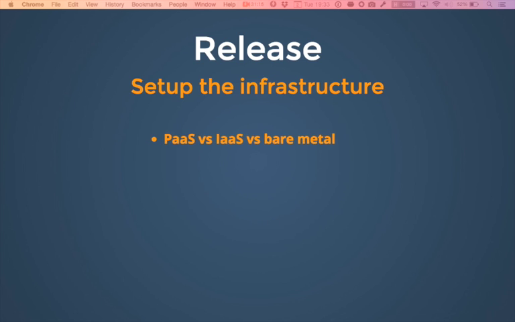And the most important terms here are PaaS versus IaaS versus bare metal. PaaS is platform as a service, and this is really Heroku. So you just have an app and you just give it to them and magic happens and it's working. A full-blown platform for deploying applications.